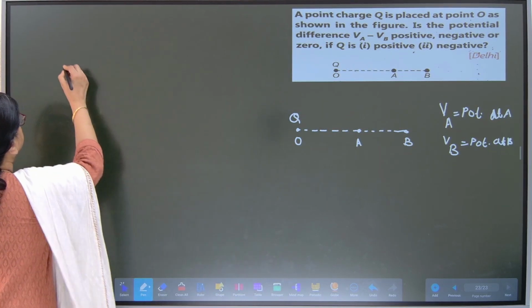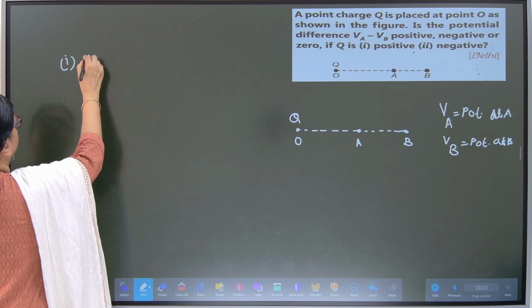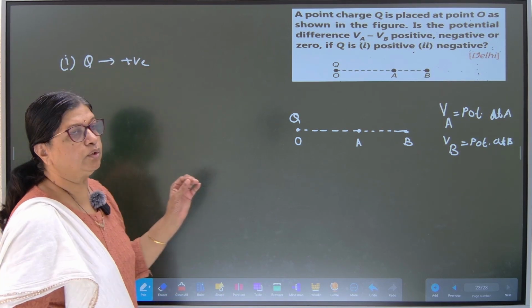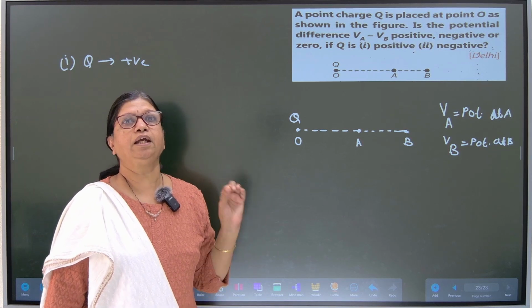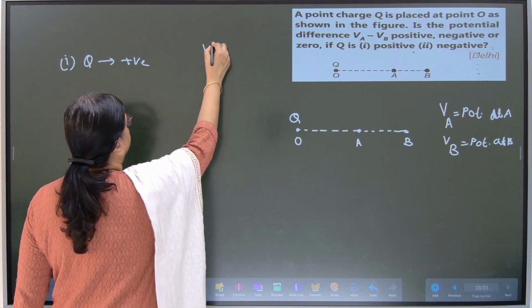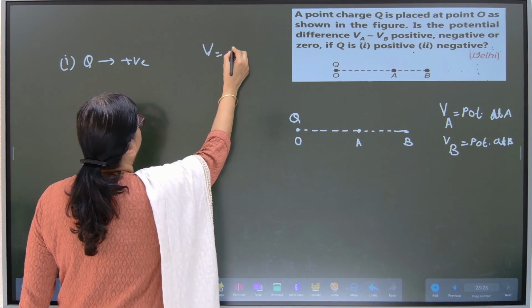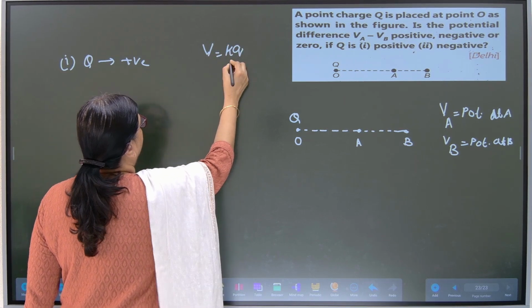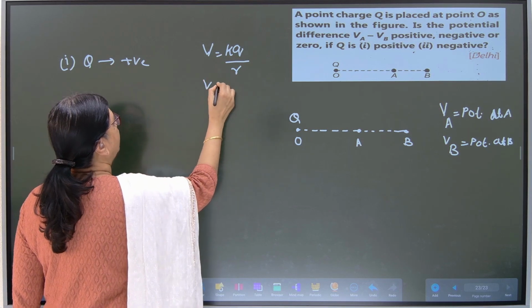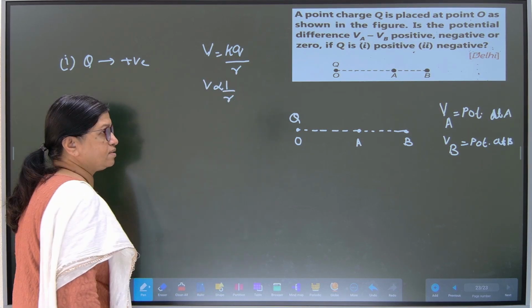So let us first consider Q to be positive. Okay? Q to be positive. Fine. If Q is positive, we have, according to the formula, V is equal to KQ upon distance, which is OA and OB in this case. So V is inversely proportional to distance.